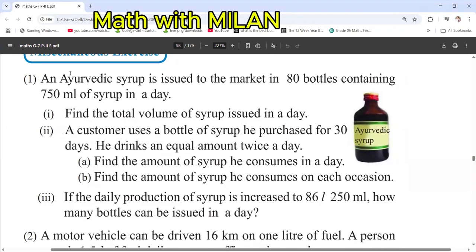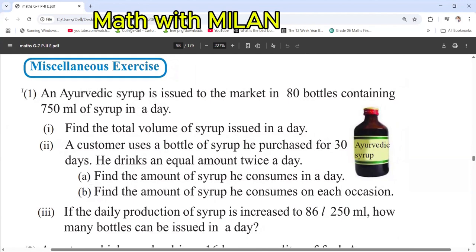In this miscellaneous exercises, question number 1, an Ayurvedic syrup is issued to the market in 80 bottles containing 750 milliliters of syrup in a day, right? Okay, now let's go to these things. Find the total volume of syrup issued in a day.